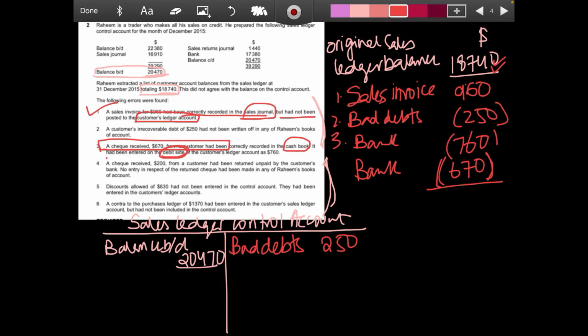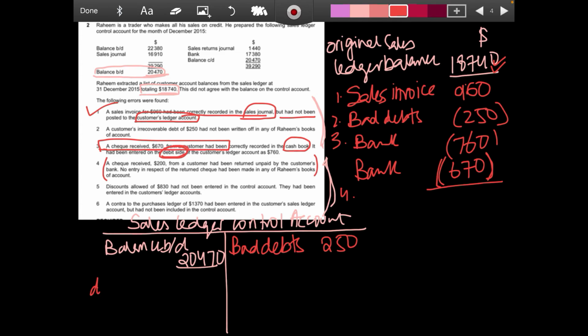Next, a cheque received for 200 from a customer had been returned unpaid by the customer's bank. This is an unpaid or dishonoured cheque, and no entry in respect of the returned cheque had been made in any of Rahim's books. So this entry has been completely omitted. It has not been mentioned in the control account or the individual ledger, so we have to mention it in both the accounts.